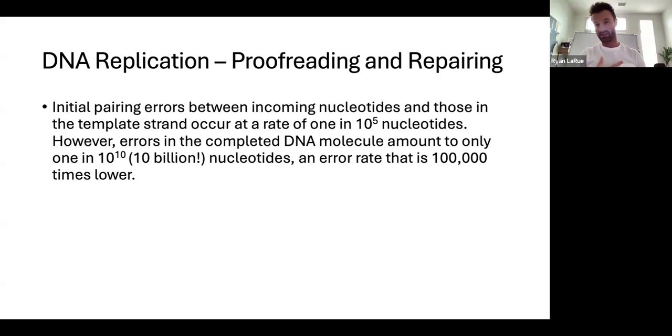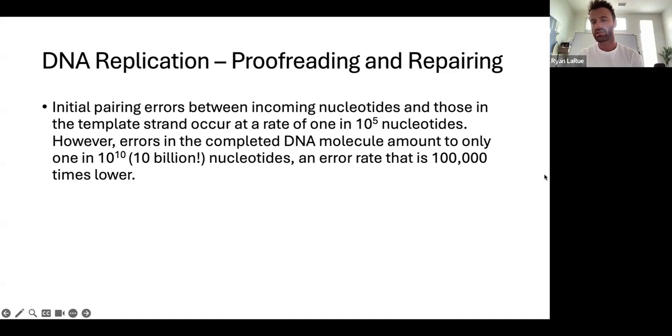It's doing millions in seconds. The fact that it's still that small is pretty remarkable. But then in the completed molecule, any of these types of errors occur at roughly 1 in 10 billion, 10 to the 10th, nucleotides, a rate that's 100,000 times lower.